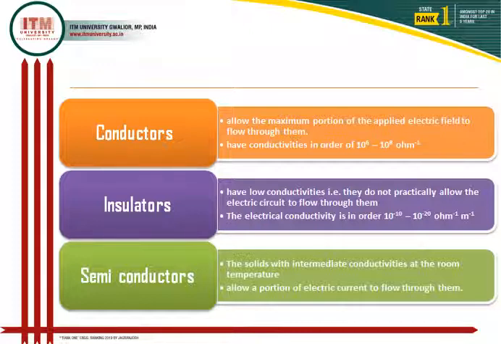Those materials that allow maximum portion of applied electric field through them are called conductors. Electrons easily move in these materials. These materials have conductivities of the order of 10 to the power 6 to 10 to the power 8 ohm inverse. Yes, very high conductors. The conduction basically depends on electrons.